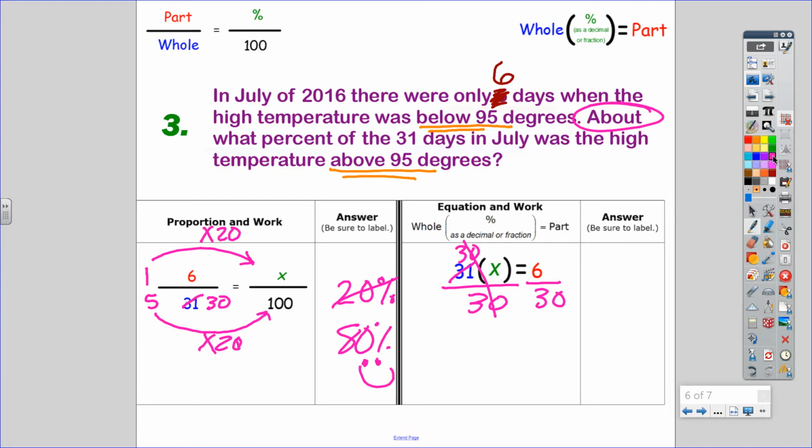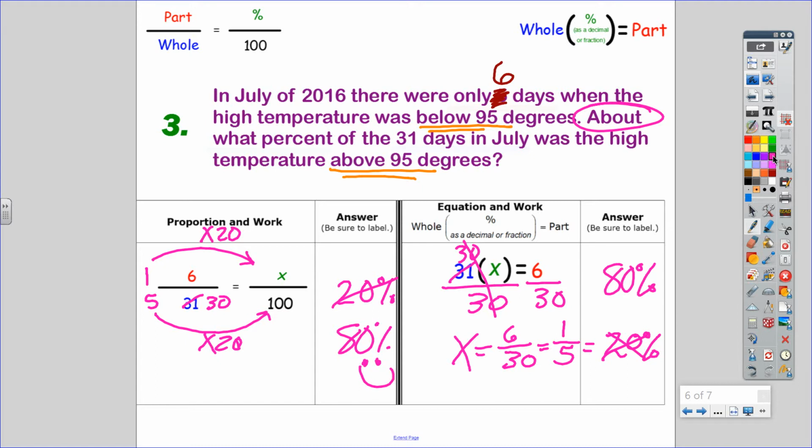That becomes 1. 1x equals 6 over 30. And 6 over 30 reduces to 1/5. And 1/5 is equivalent to 20%. But they didn't want the amount below, they wanted the amount above, which was 80%.